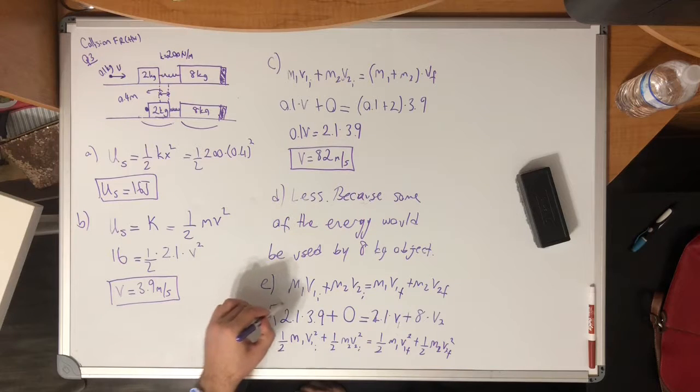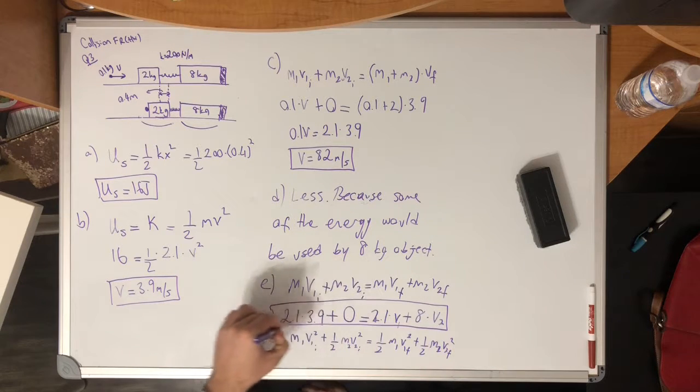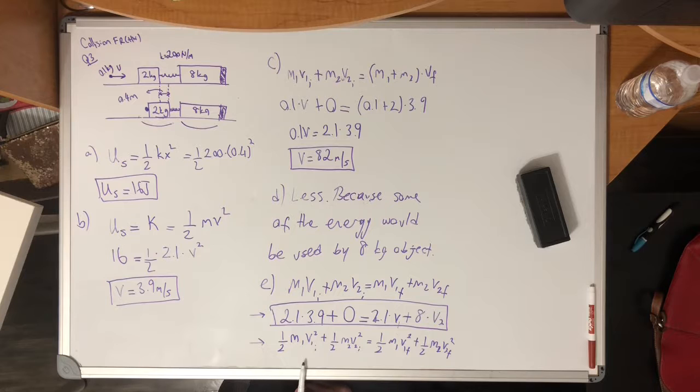So this is the number 1 equation, and your number 2 equation will be basically substituting this equation with the numbers.